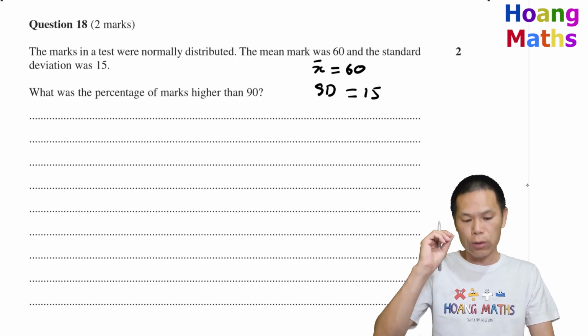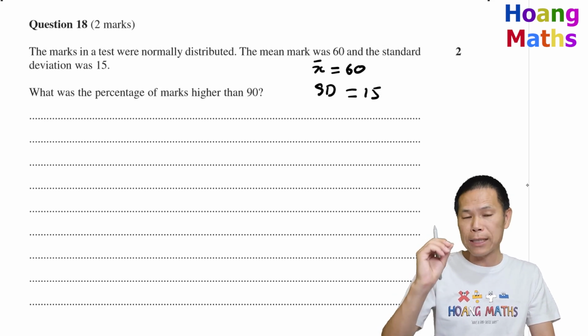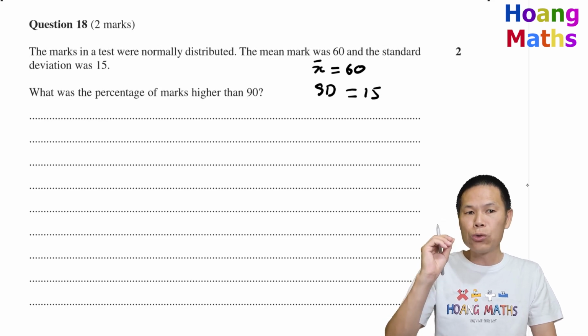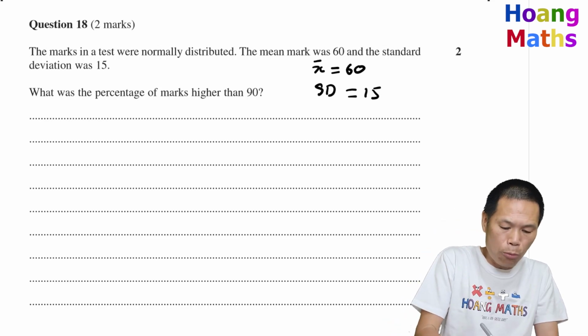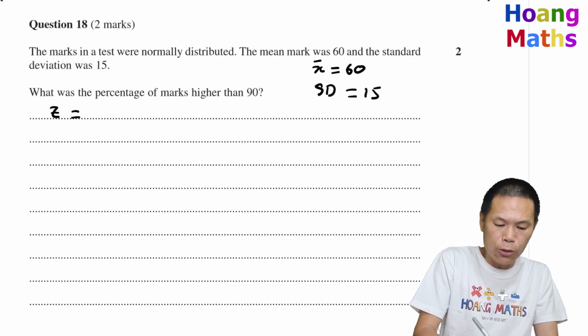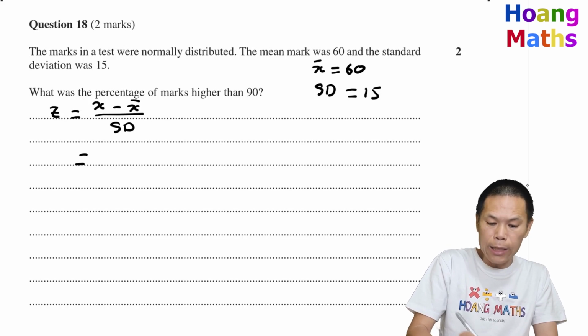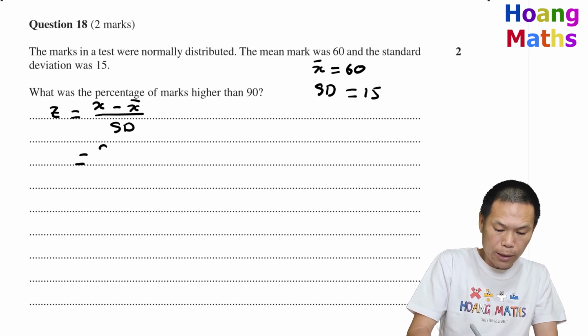So to work out the percentage of the marks that are higher than 90, let me just convert the 90 into a z-score first. The formula is z is equal to x minus x bar over SD. The x is the score, so that is 90.